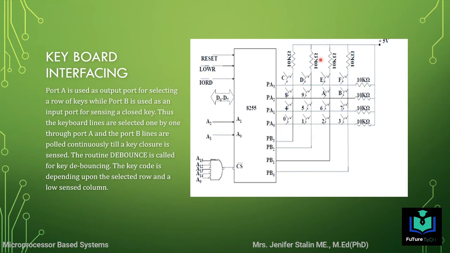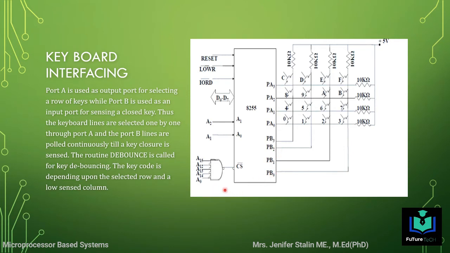You can see the circuit of the keypad, which is utilizing port A. This 8255 contains two ports, port A as well as port B. One of the rows or columns are connected to port A, and the other rows or columns are connected to port B, and each port is supported by 4 signals. It starts from PA0 to PA3, and here it supports PB0 to PB3, that is the port B signals.